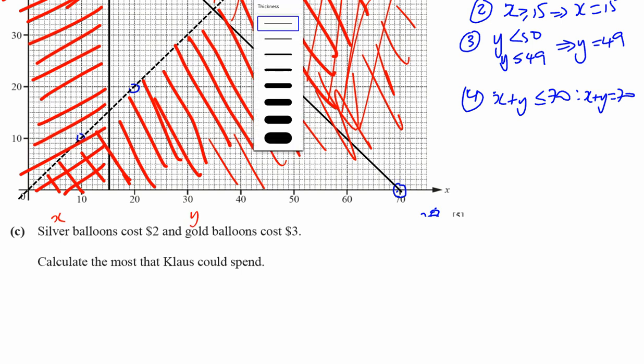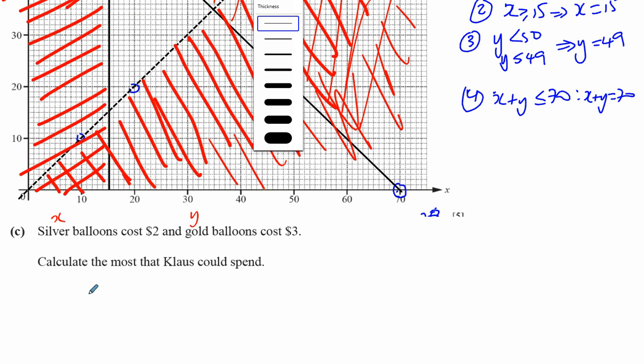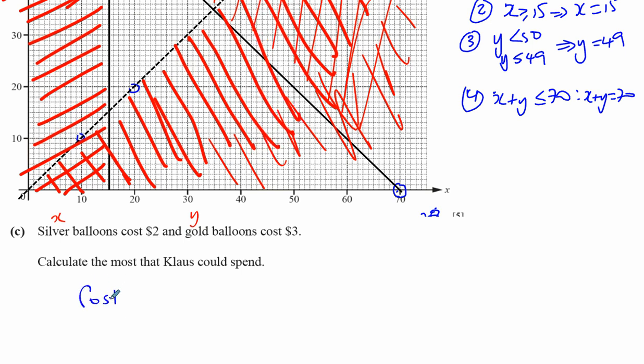So we can say that the cost of the balloons altogether is going to be 2 times X plus 3 times Y. $2 times the number of silver balloons will be the cost of the silver balloons, and $3 times the number of gold balloons will be the cost of the gold balloons. You add them together and you get the total cost of all the balloons altogether.